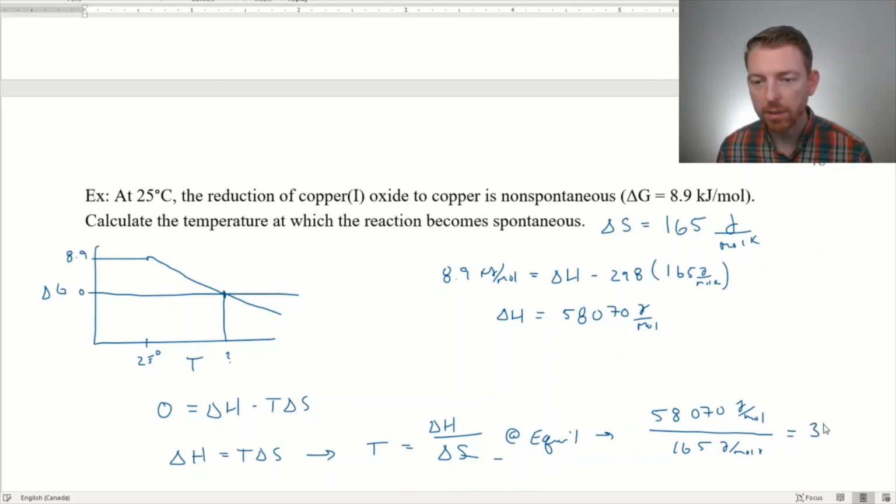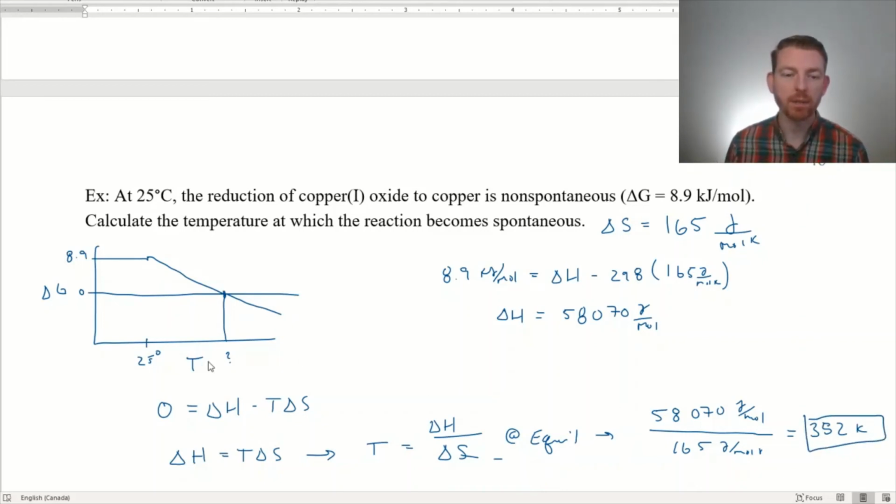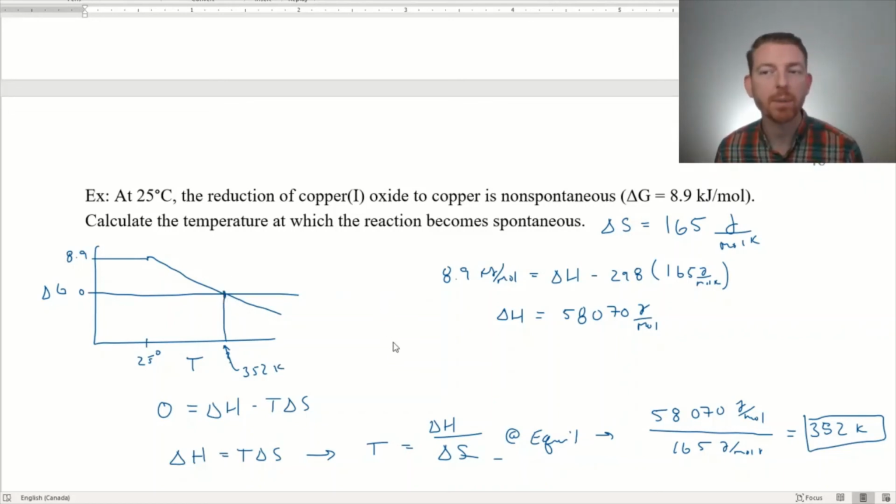And this works out to 352 Kelvin. So that's the point at which it becomes spontaneous. So this temperature now is 352 Kelvin. And so we can say it's spontaneous at that temperature and every higher temperature as well, according to this theory anyways.